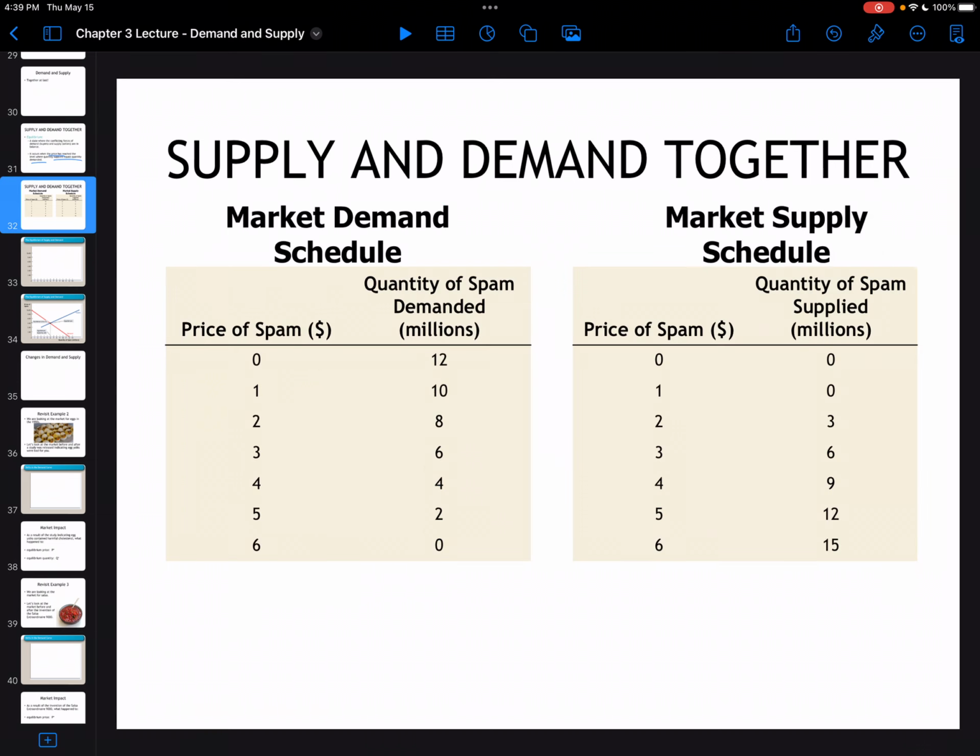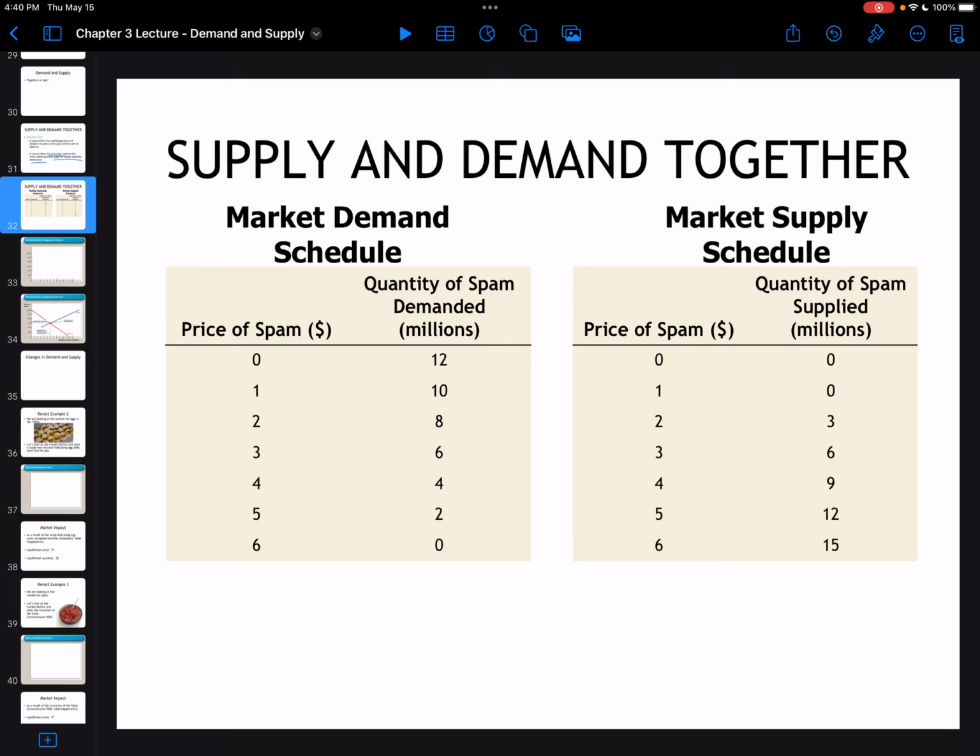So now let's look at the data that we've just gone through in the other videos for demand and supply. We don't have the graphs drawn here, but if we look at the data for demand and the data for supply, let's see if we can identify the equilibrium, the point where buyer and seller agree on price and quantity.